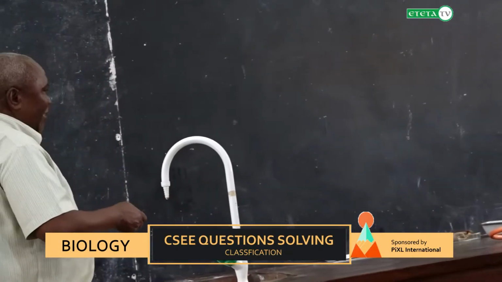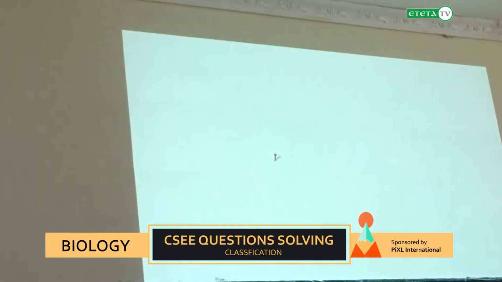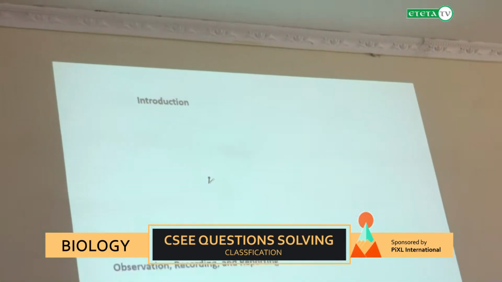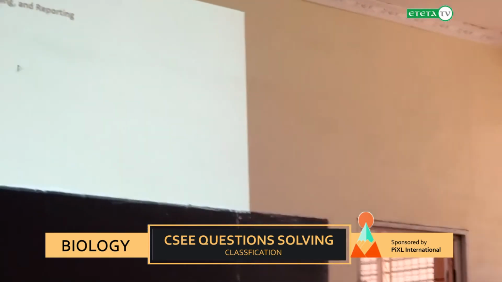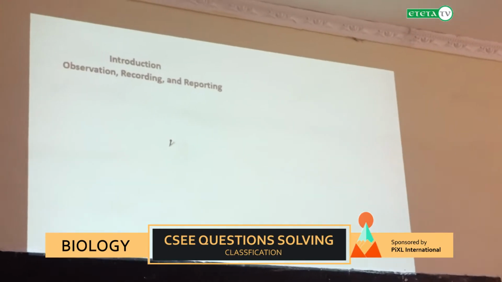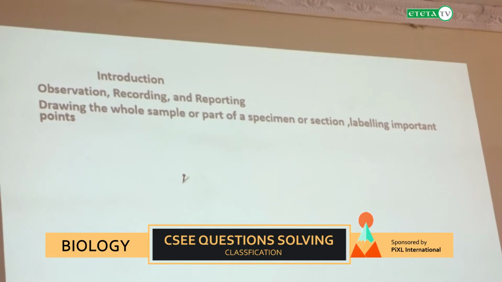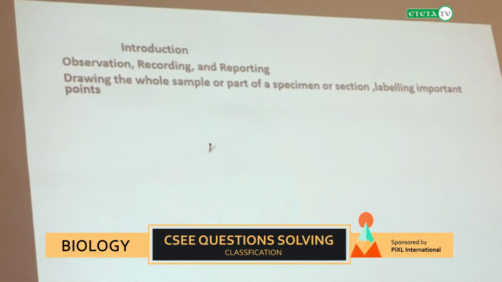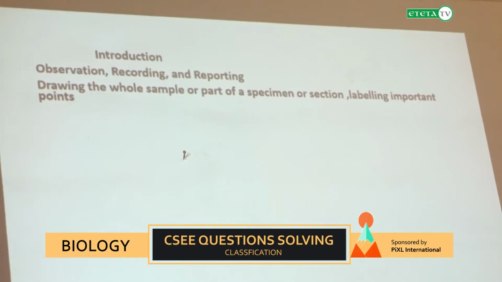Now let us give the possible answers. Make the observation, record it, and report. Draw the whole sample or the part of the specimen or section, and label the important points.